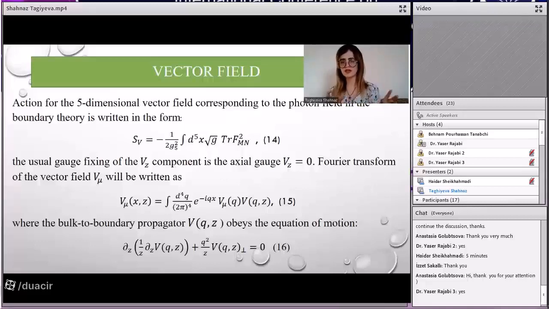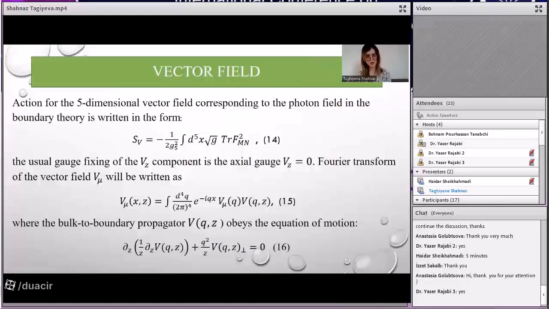and in order to define the profile function of the vector field, we must write the action of the 5-dimensional vector field, action 14.